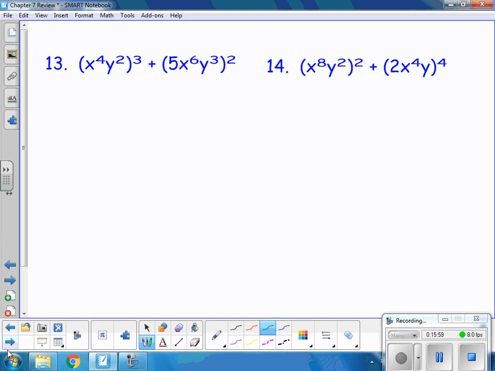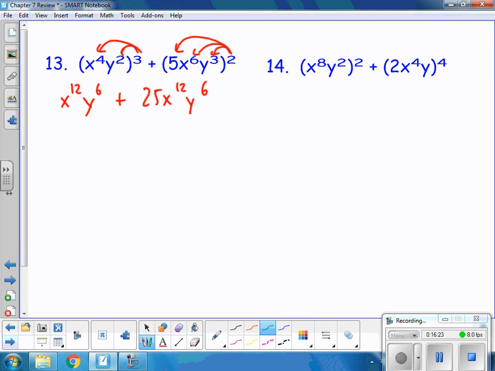Number 13 here. Okay, so this is different because we're not multiplying, we are adding and subtracting. Okay, so x to the 4th, that ends up being x to the 12th, y to the 6th plus, I'm going to square everything in here. So I end up with 25 x to the 12th, y to the 6th.